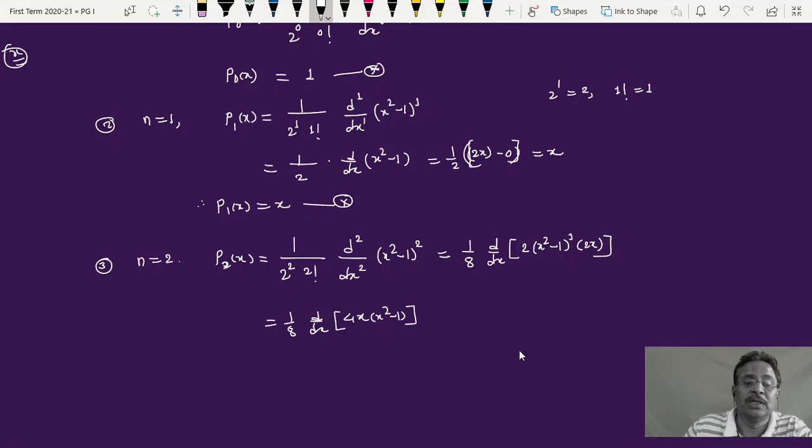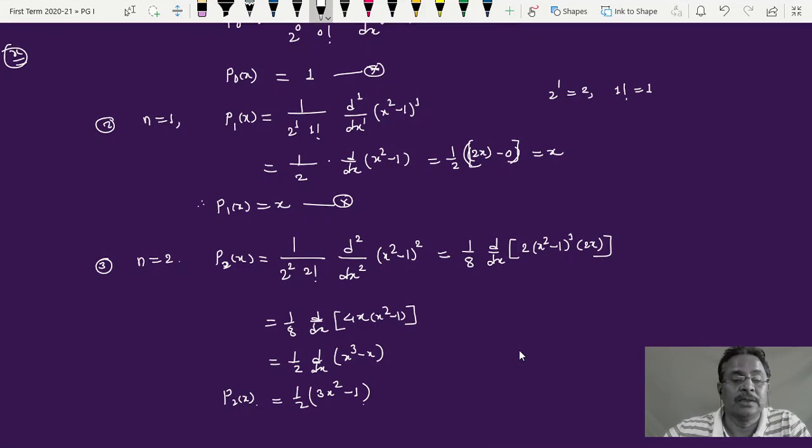So getting this differential, this 4 and this 8 can be cancelled, so it is 1 upon 2 d by dx of x cube minus x. Differential of x cube is 3x square, and differential of x with respect to x is minus 1, and that is how we have P2 of x.